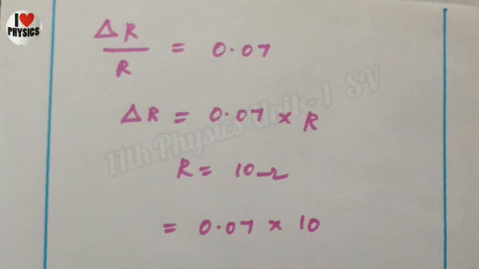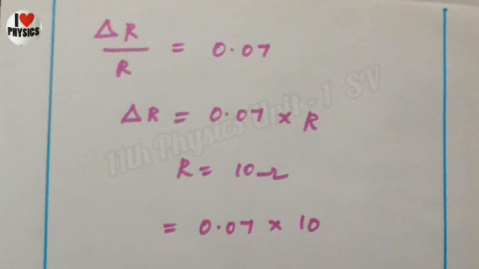We need del R only. So del R is equal to 0.07 into capital R. Capital R we already know is 10 ohm. So substitute the R value in this equation. Del R is equal to 0.07 into 10. That is del R is equal to 0.7 ohm.